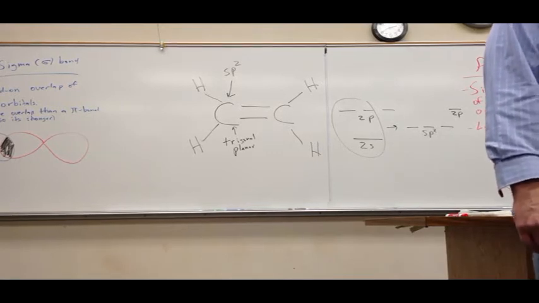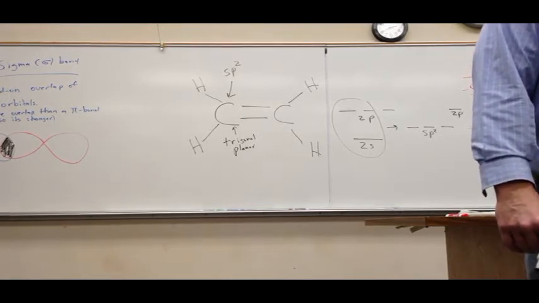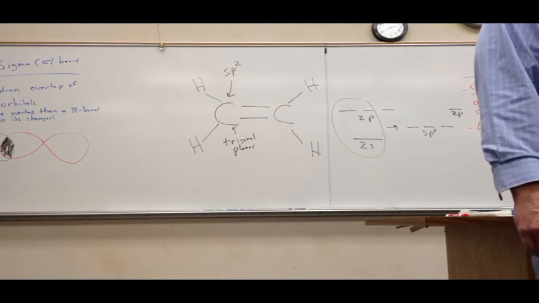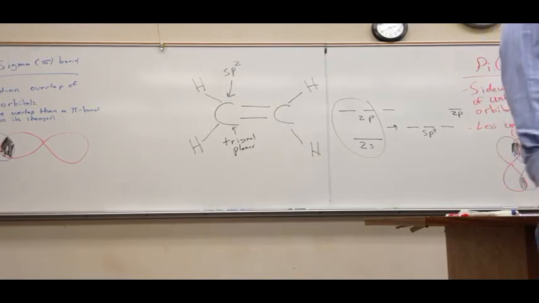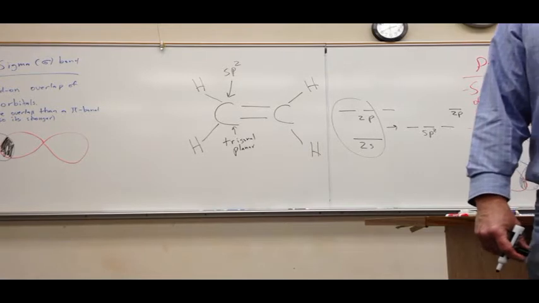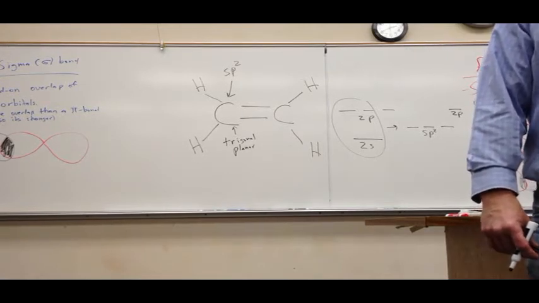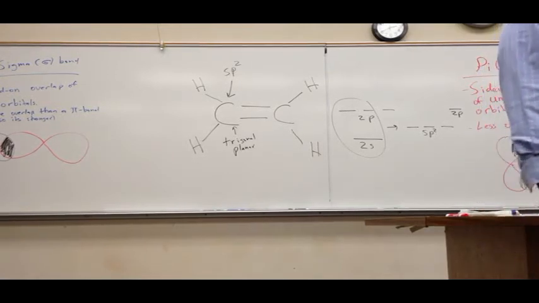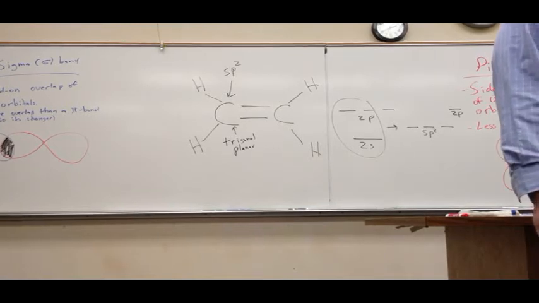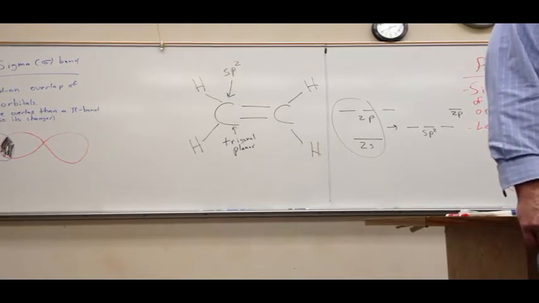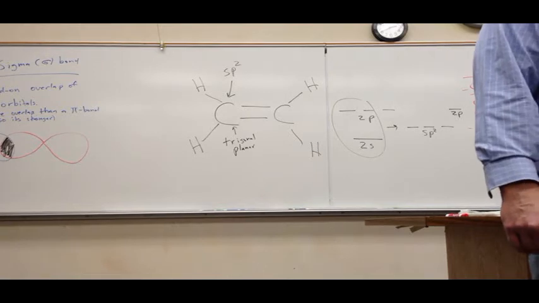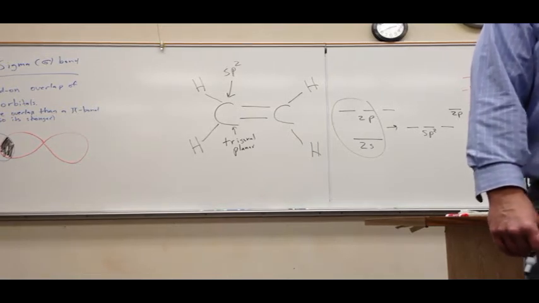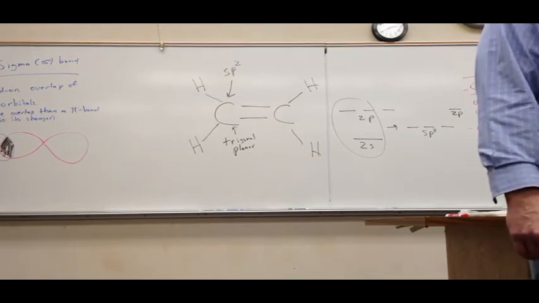If an atom is sp2 hybridized, then at least its basic electron group geometry will be trigonal planar. If it's sp3 hybridized, it'll be tetrahedral. If it's sp, it's going to be linear. You guys following all that? Then sp3d, that's 5, so that's going to be trigonal bipyramidal. There's sp3d2, that's 6, that's octahedral. Remember all this stuff?